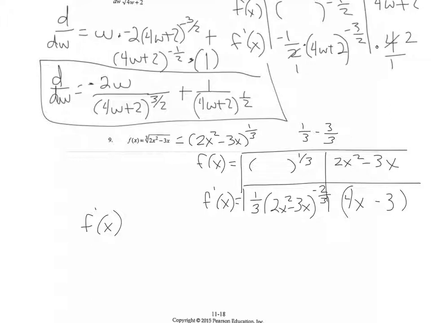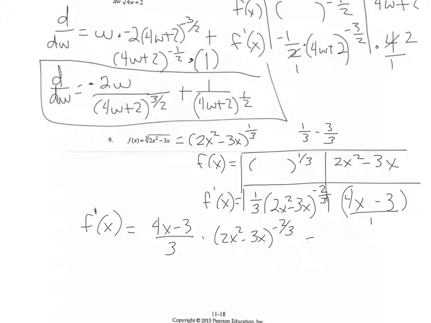And that would mean that if I were to multiply 1/3 times 4x minus 3 over 1, I could think of that as the fraction 4x minus 3 over 3. I just multiplied those two pieces together. Times, and then I would have 2x squared minus 3x to the negative 2/3 power.